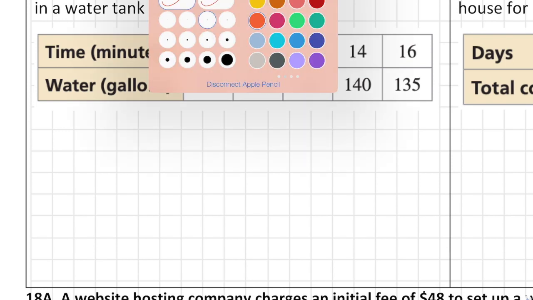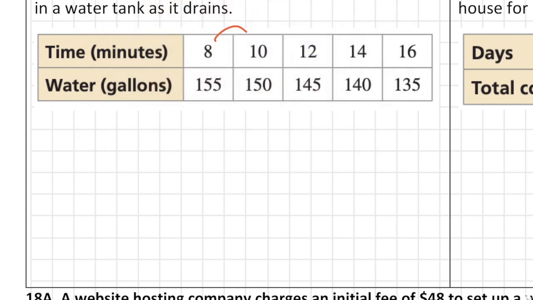The way we did it is by showing that the inputs and the outputs increased at the same rate. Normally we have x be our time, and we'll let water be our y for this particular problem. From 8 to 10 I go up 2, 10 to 12 up 2, 12 to 14 up 2, and all of them are up 2.